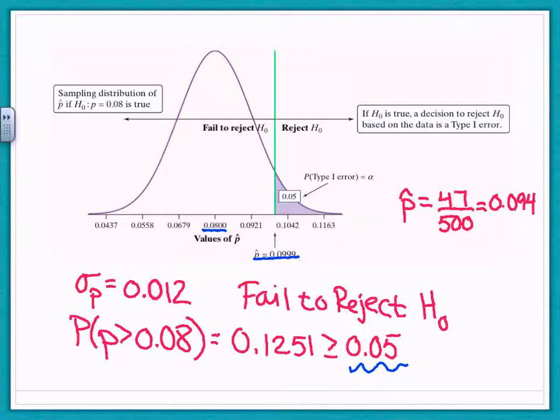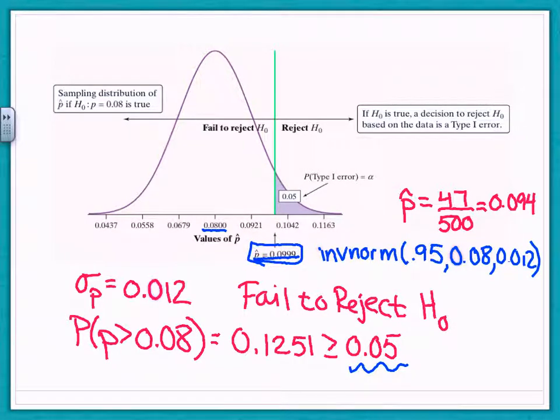All I did there was inverse norm. I'd have to inverse norm 0.95 to get the upper 5%, with a center at 0.08 and a standard deviation of 0.012, which would give me where my 5% cutoff would lie.